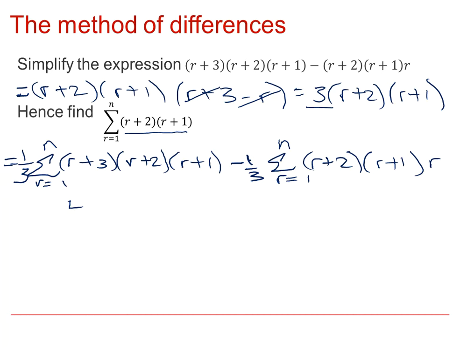Writing these out again vertically, the terms we would get, and I'm going to ignore this factor of a third for the moment, but I will remember it at the end.